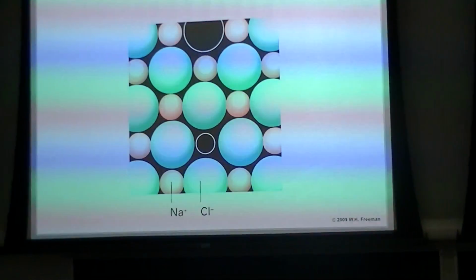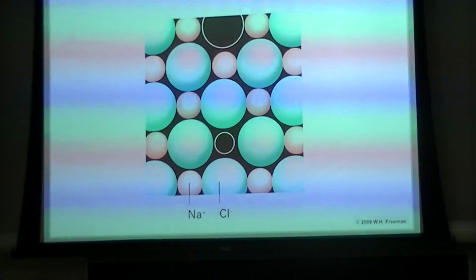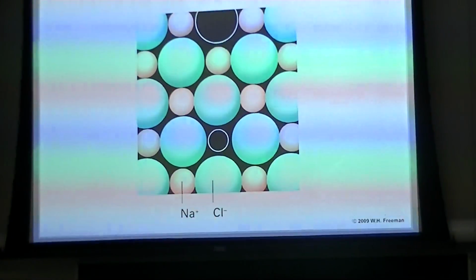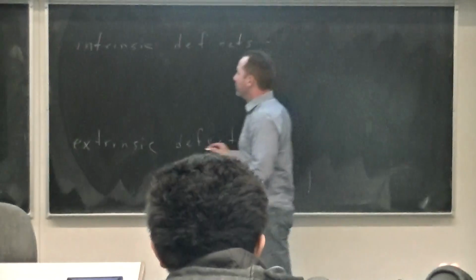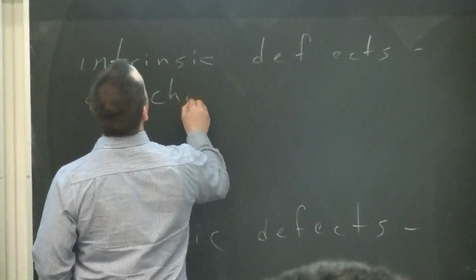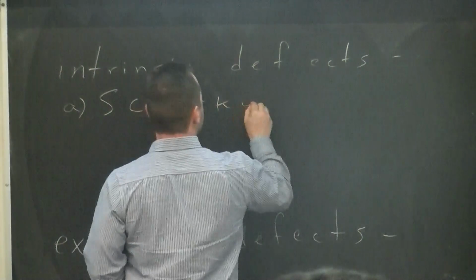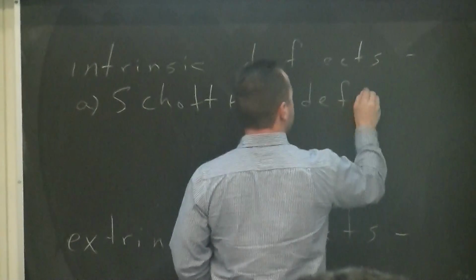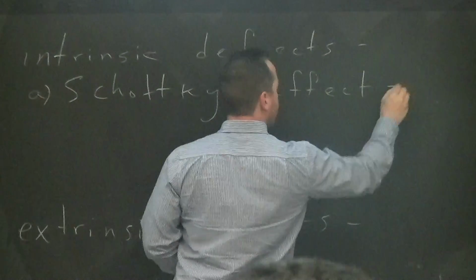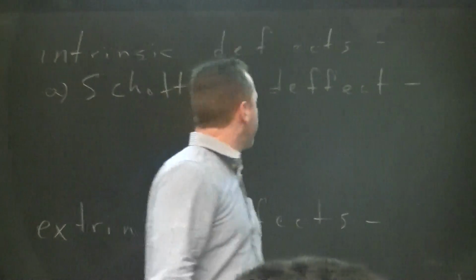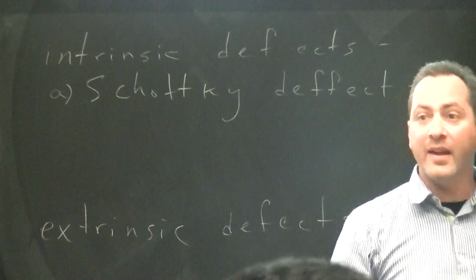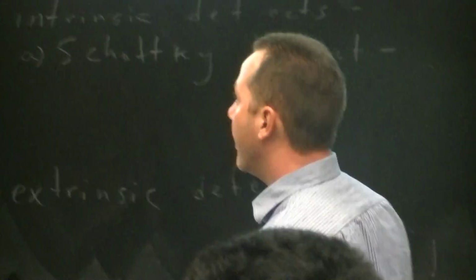One of these defects is the defect that I have here. It is called the Schottky defect. Let me write it here close to the board. In the Schottky defect, there's an absence of some atoms; some of the positions are open.